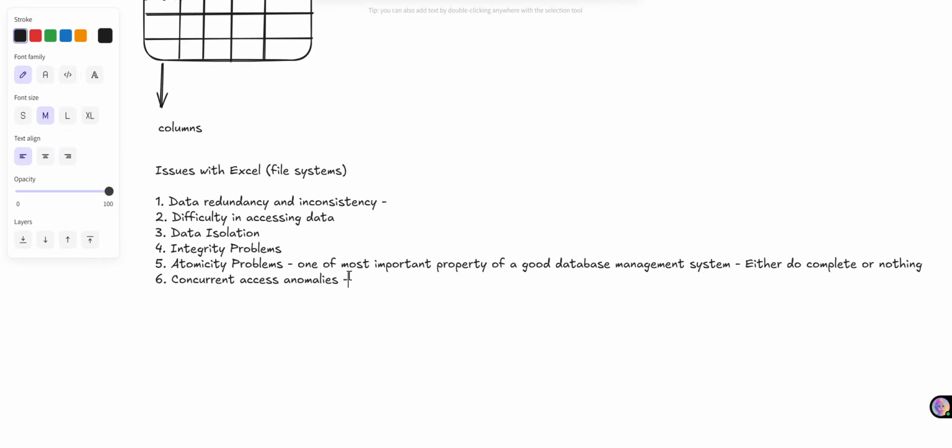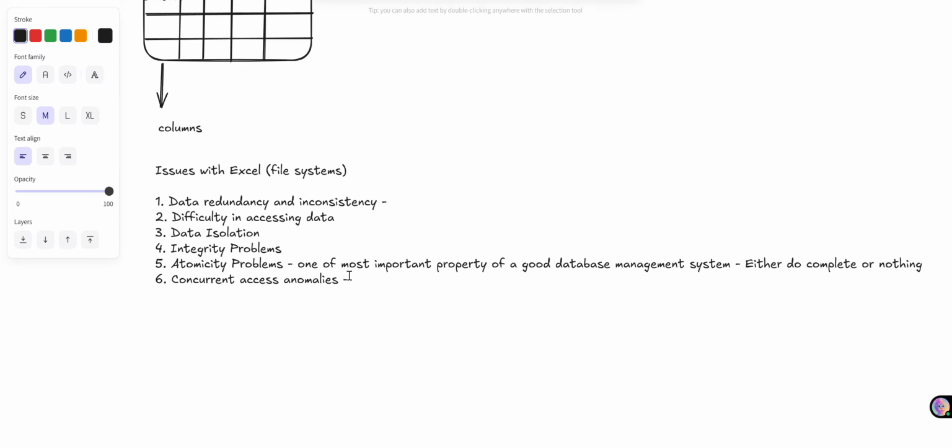Now, what are concurrent access anomalies? Concurrent access anomalies are like, if at the same time two persons are accessing data, then there will be a clash. I can tell you one example of train ticket booking.